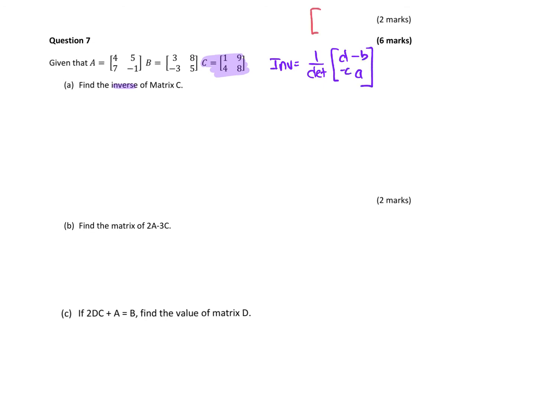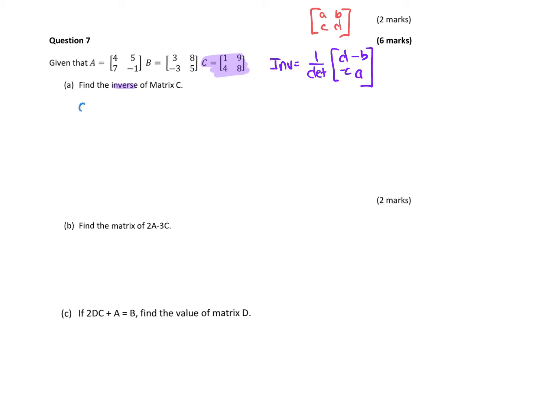Because it's a SAC and we want to see that you understand, you probably need to show all of this out. You can check on your calculator that you're right, but let's show the inverse.